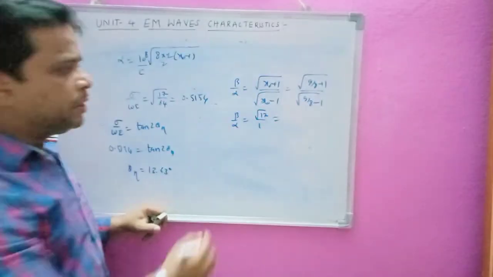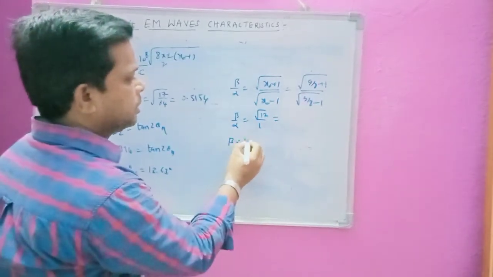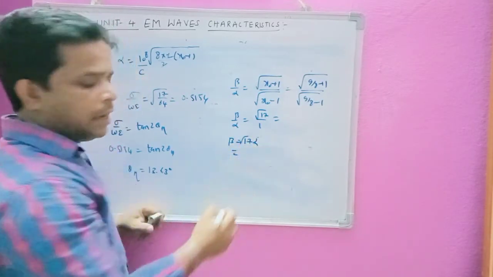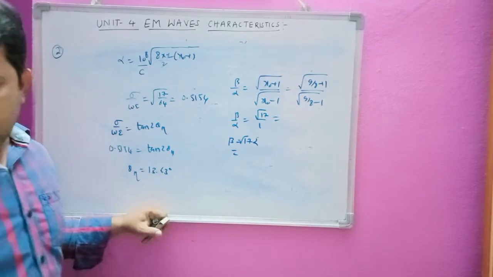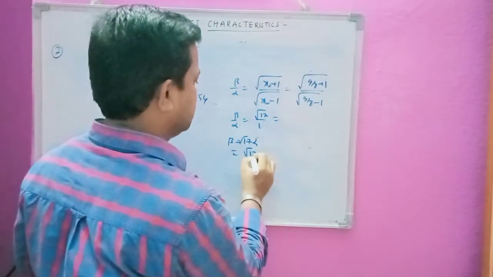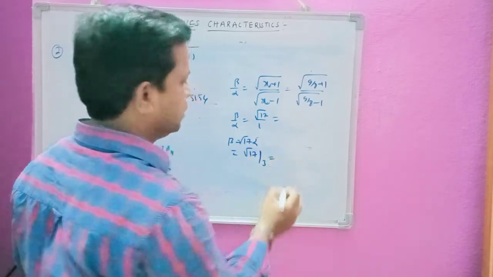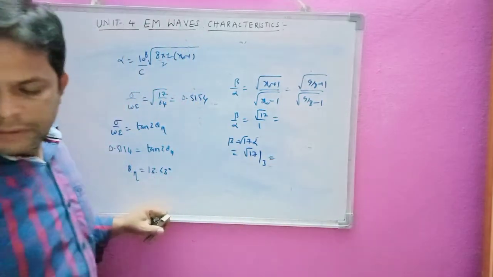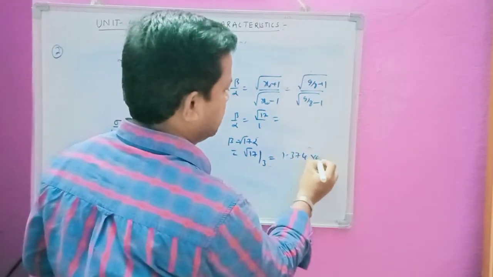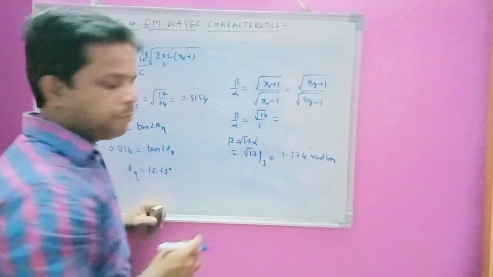So beta is equal to root 17 alpha. And we know the alpha value, 1 by 3, so that is root 17 by 3. Root 17 by 3 turns out to be 1.374 radians per meter. This is the value of beta.